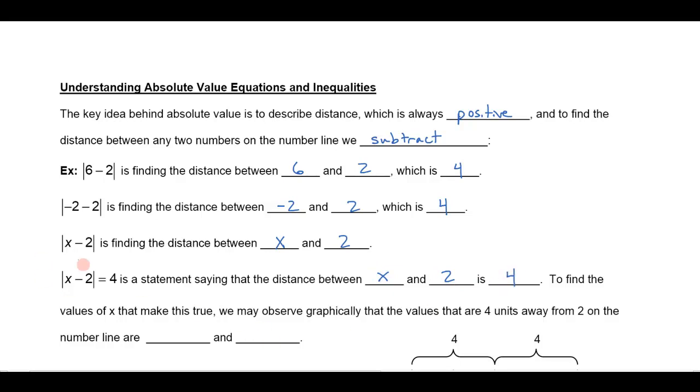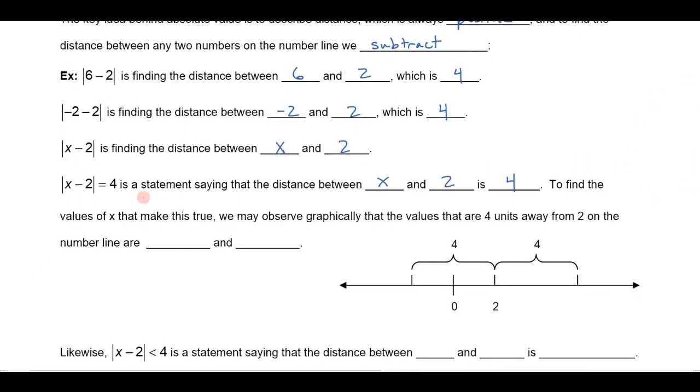So if I wanted to solve this equation, if I wanted to find the x that made this true, I want to think about the numbers x that are going to be 4 units away from the number 2. All right, so here's the number 2, and if I go 4 units in this direction, I'm going to end up at 6, and if I go 4 units in the other direction, I'm going to end up at negative 2.